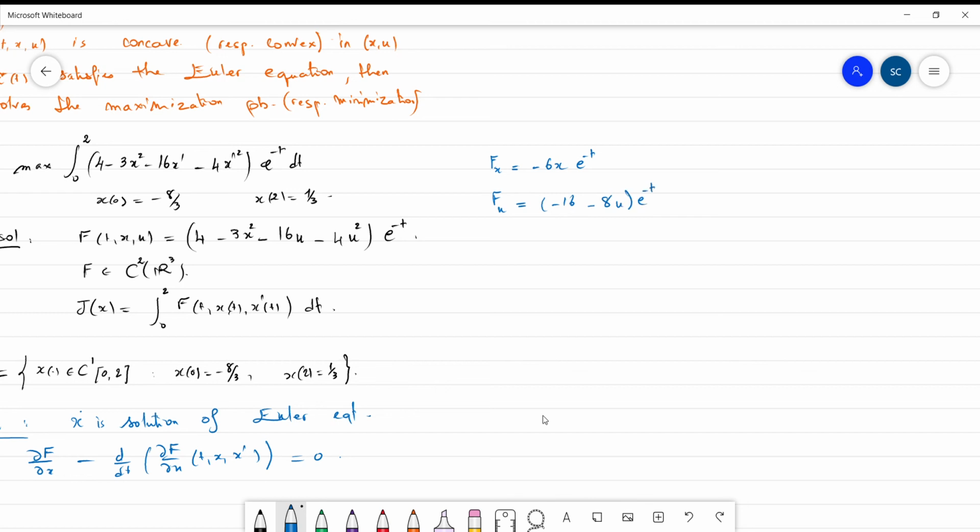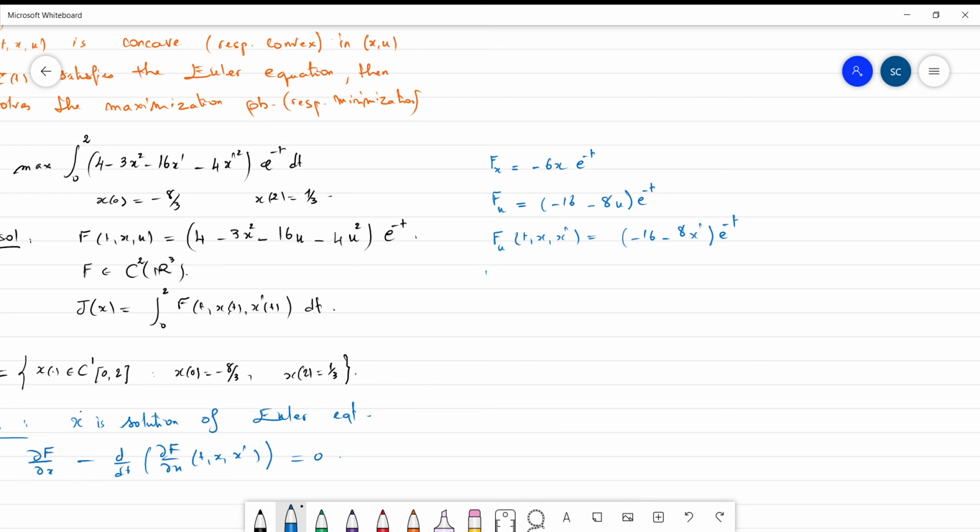Great. Now f_u, I need it applied at t, x and x'. It's better to write things like that so that you don't mix the variables.